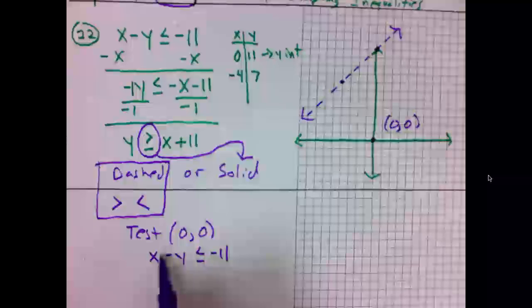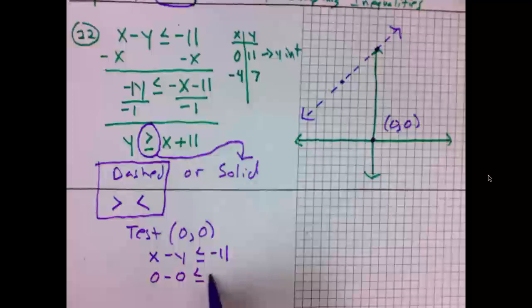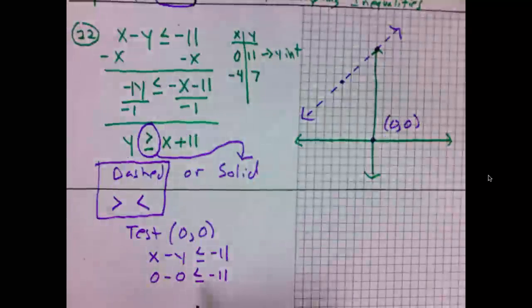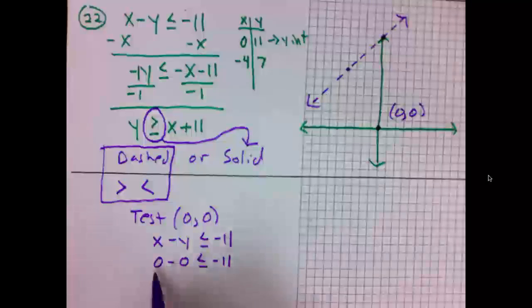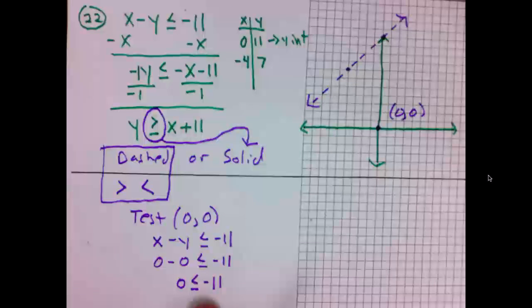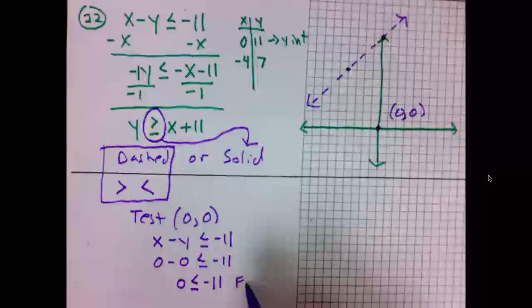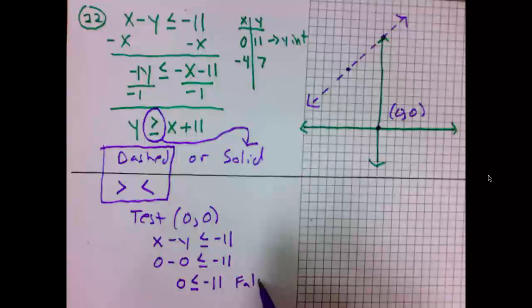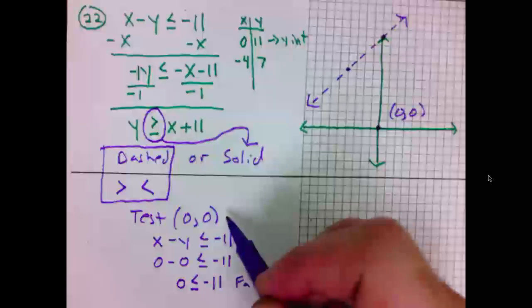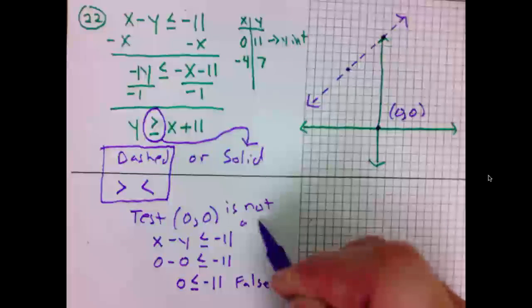Well, substituting 0 for x and 0 for y, 0 minus 0 is, of course, 0. So we have the statement 0 is less than or equal to negative 11. Well, this statement is false. 0 is bigger than all the negatives. Since this yields a false statement, I know this point 0, 0 is not a solution.